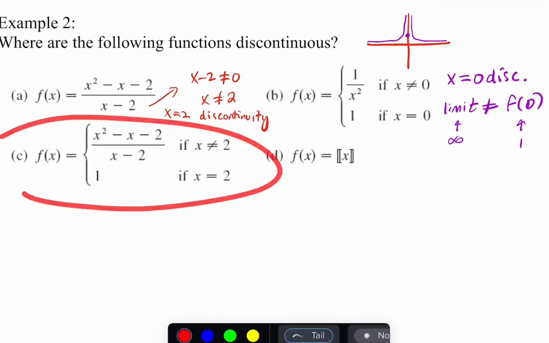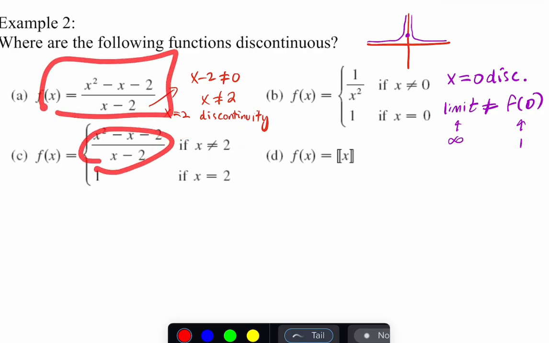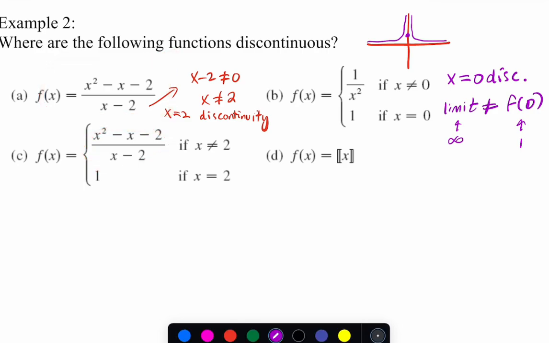Let's take a look at this one. The thing we are concerned about is 2. There's a border at 2. There's a discontinuity at 2, like this last function. That function's hiding in there. But let's take a look at x squared minus x minus 2 over x minus 2.